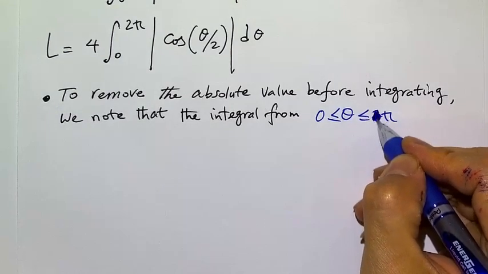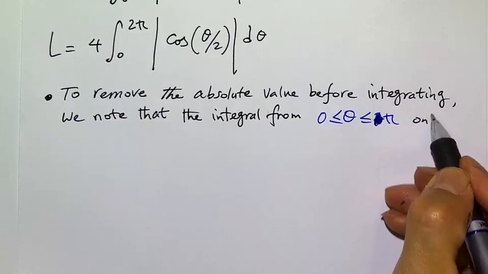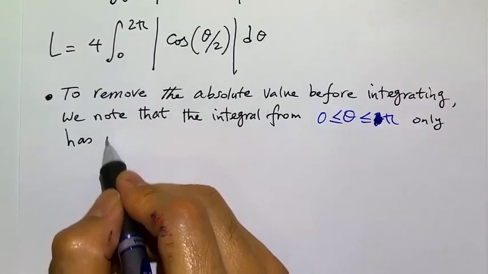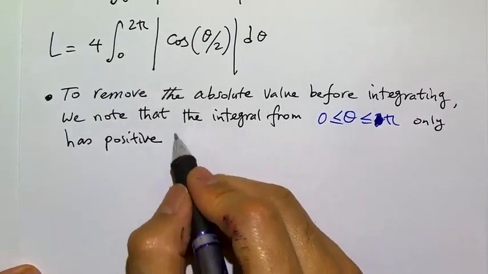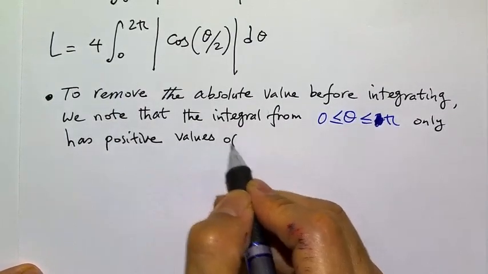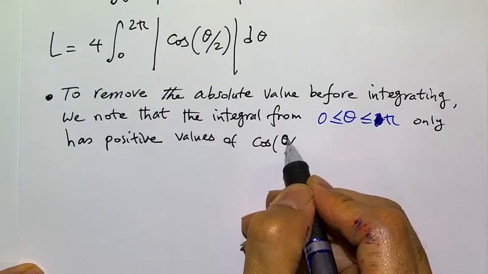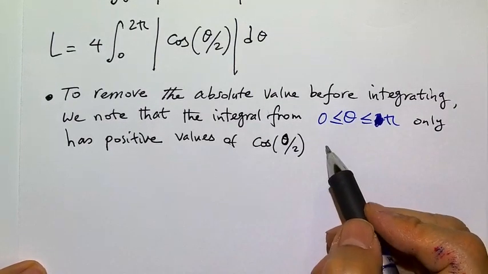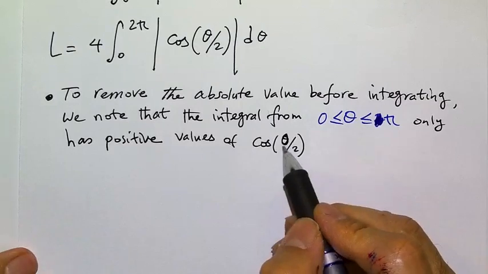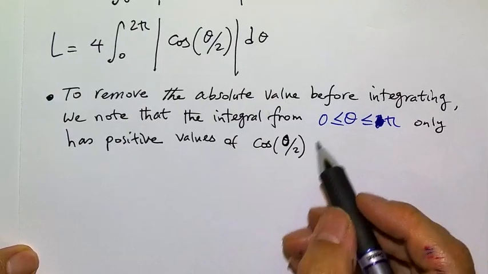I will clean this up before posting the lecture notes. But theta from 0 to pi only has positive values of cosine of theta over 2, right? Because that will be just pi over 2, and from 0 to pi over 2 cosine is positive.